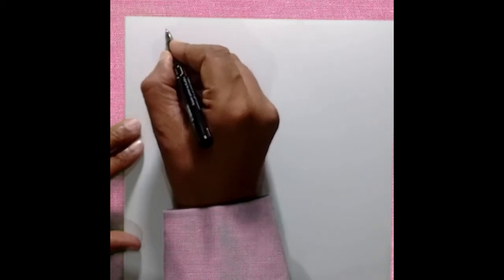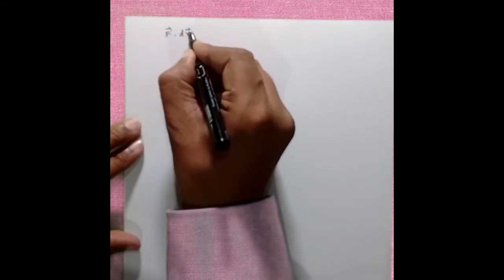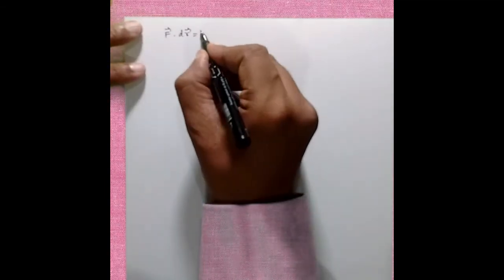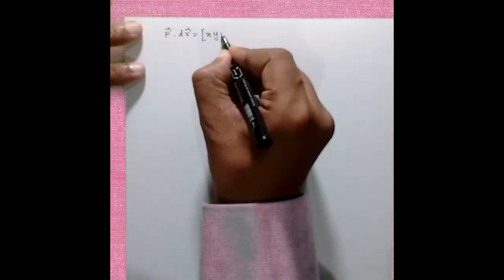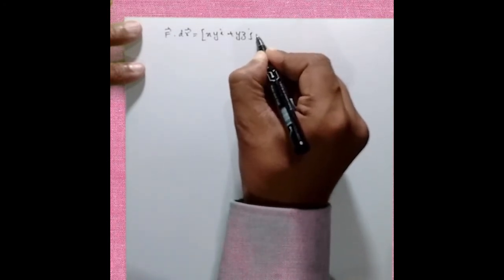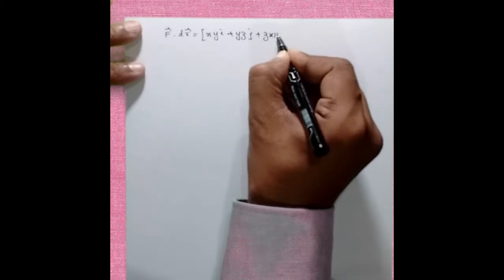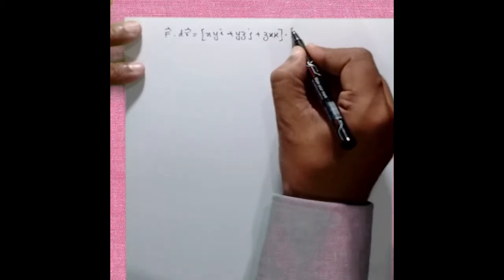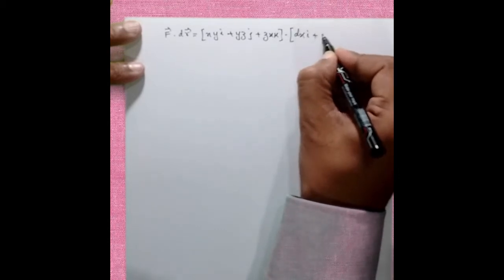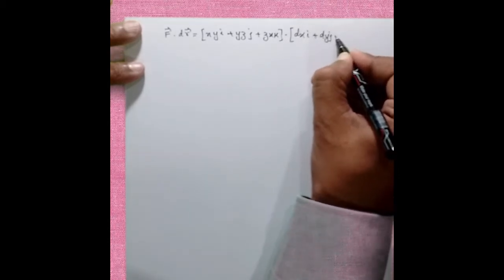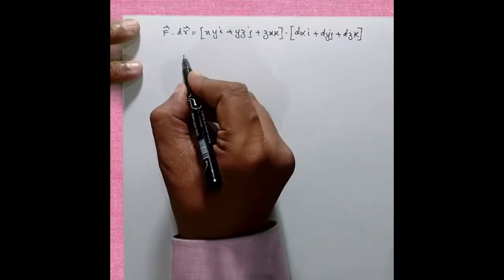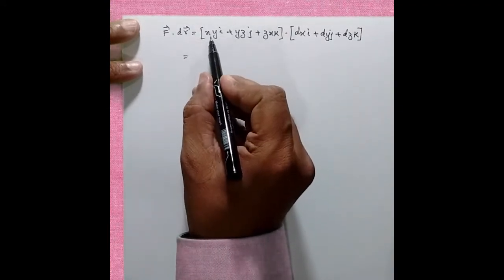So vector F dot dr vector will be equal to, you know the value of vector F. Observe the equation: it is xy into i plus yz into j plus zx into k, dot product with dr vector, which is dx into i plus dy into j plus dz into k. Now you can plug in the values of x, y, z.